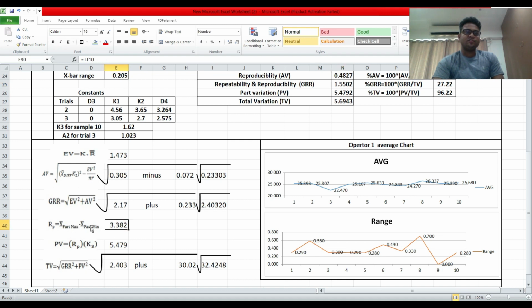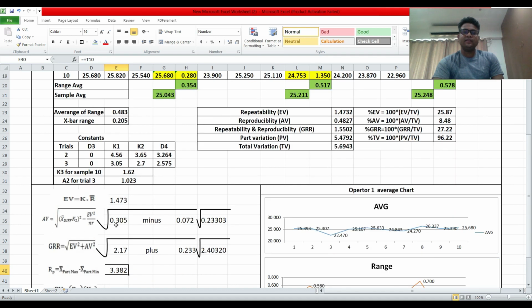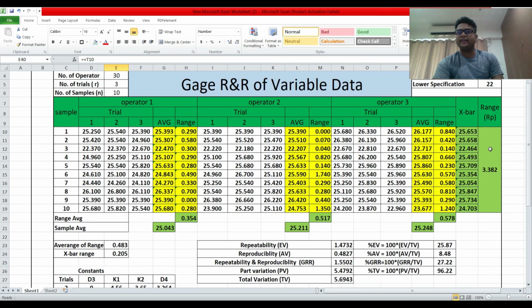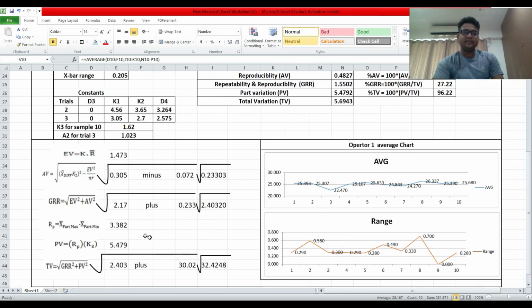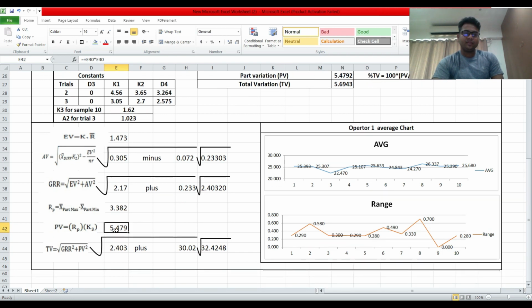Again RP is equal to X part max minus X part min. We have already calculated the RP value. This is the difference of maximum x bar minus minimum x bar. In this case our RP value is 3.382. I have written here PV is equal to part variation. Part variation is equal to RP into K3.